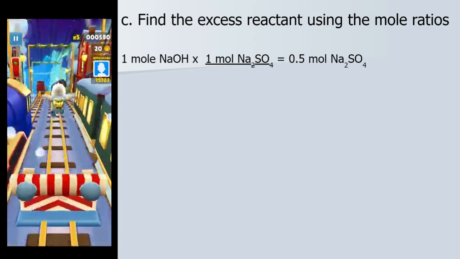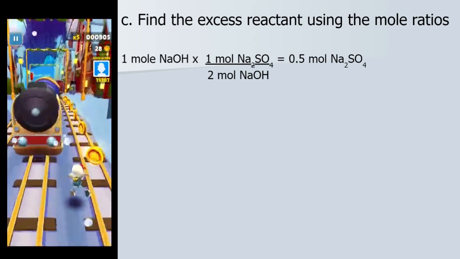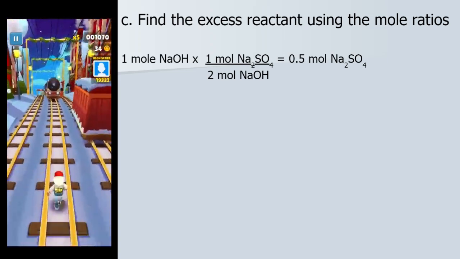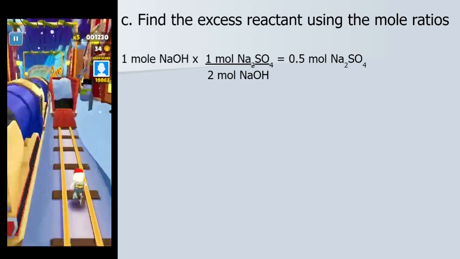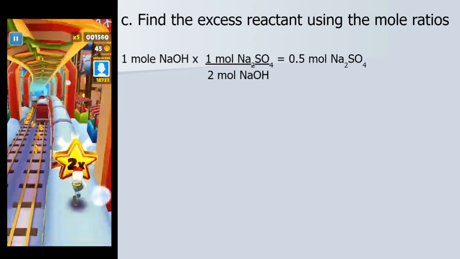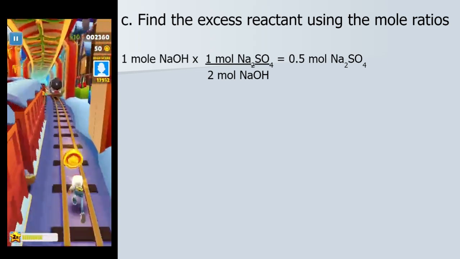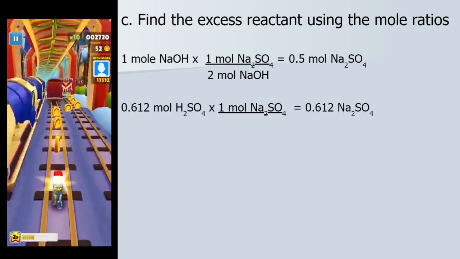Next, we find the excess reactant using the mole ratios. We'll use the mole ratio for Na2SO4 and NaOH, which is a 1:2 ratio, and we'll get 0.5 moles of Na2SO4.